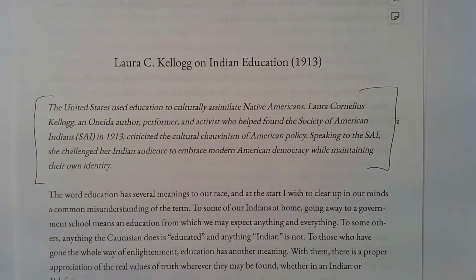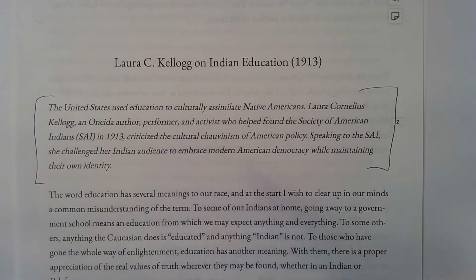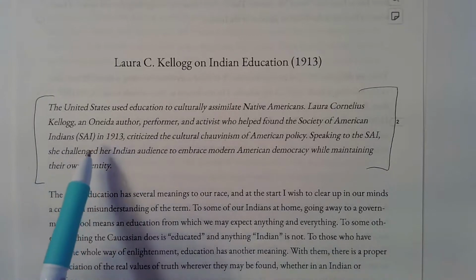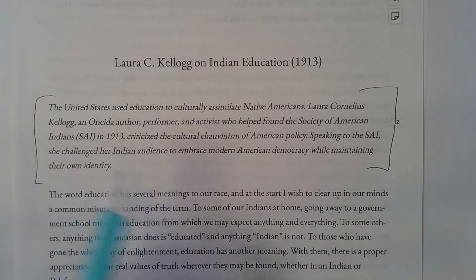Reading the introduction is going to give you a couple of important pieces of information, depending on what the author, or the editor of the primary source, has decided to add. In this one, we get some background. It's going to tell us precisely what the primary source has as its intention.